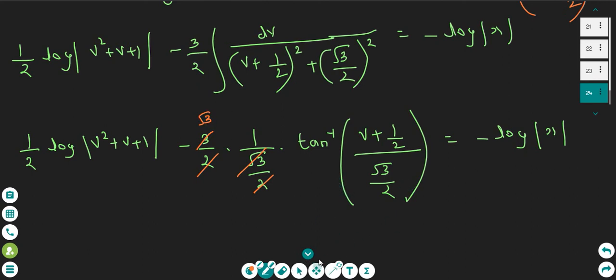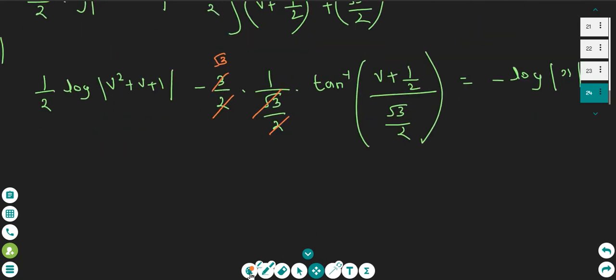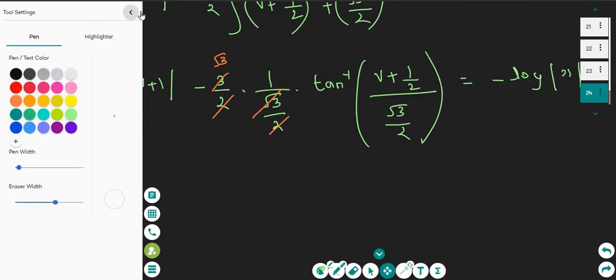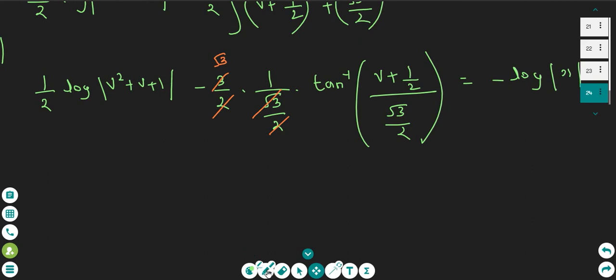And so therefore half of log v squared plus v plus 1, and finally the coefficient here is minus root 3 tan inverse of, let's simplify this.